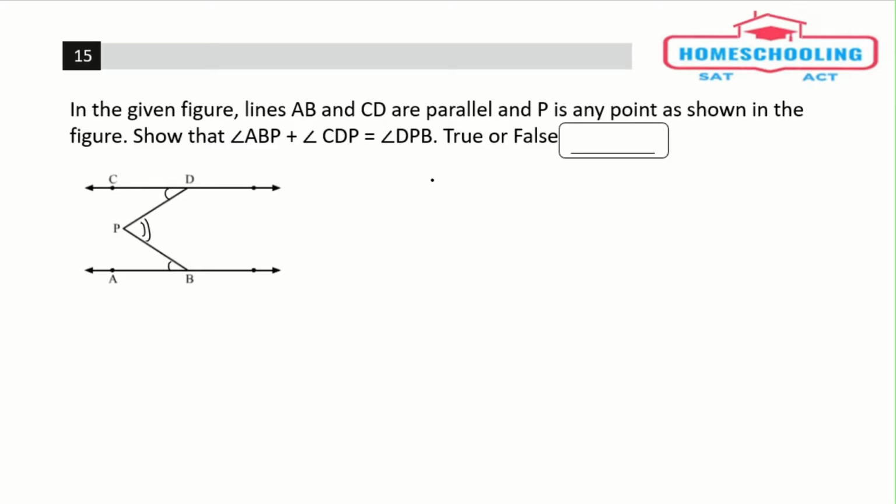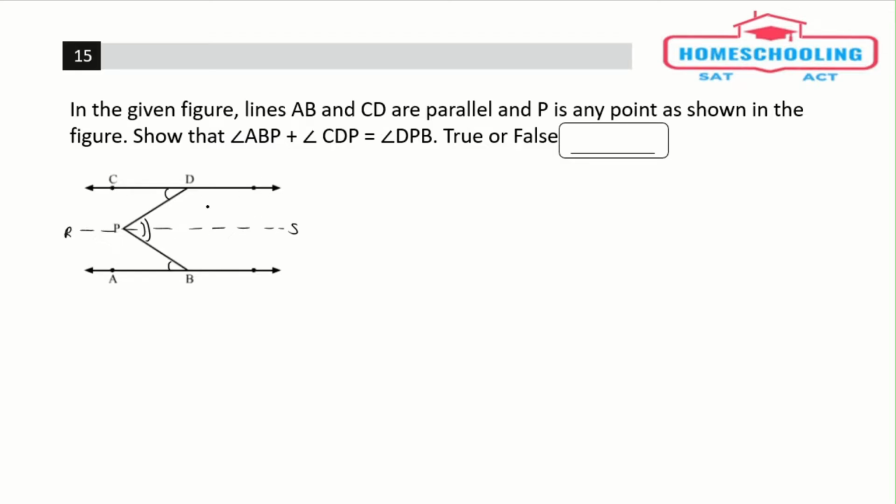So let's take another line parallel to CD and AB. Let's take this as RS. Now let's take these two lines, line CD and line RS.